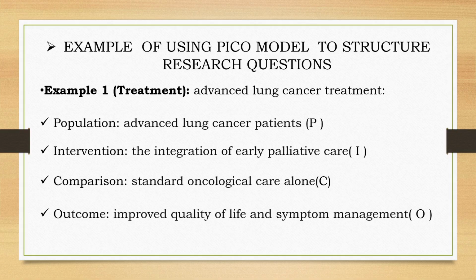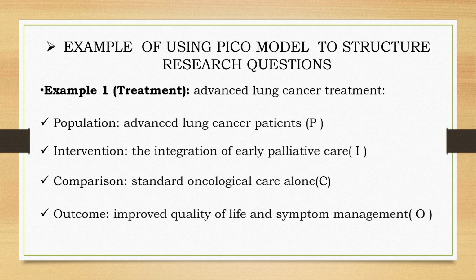Palliative care is a specialized medical approach that improves the quality of life for people with serious illness by managing symptoms, providing emotional and spiritual support, and assisting with practical problems. This care can be provided at any stage of an illness, regardless of age, and can be given alongside other treatment. Comparison is standard oncological care.